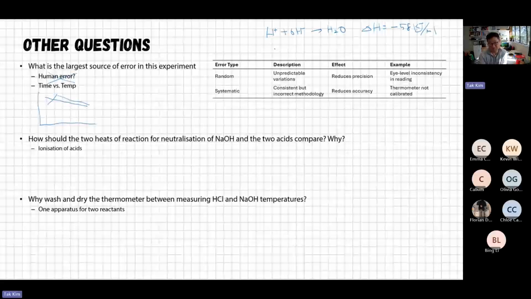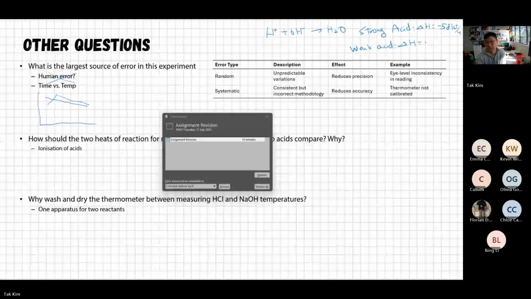So in the case of a strong acid, delta H should be around 58 kilojoules per mole. But if it's a weak acid, it will be around 50 kilojoules per mole.